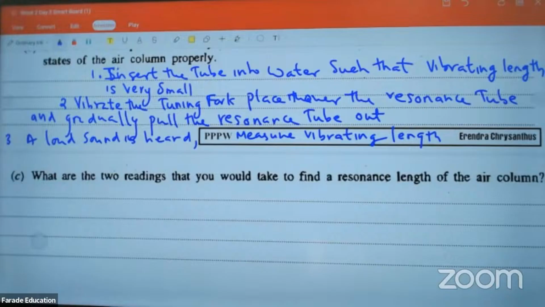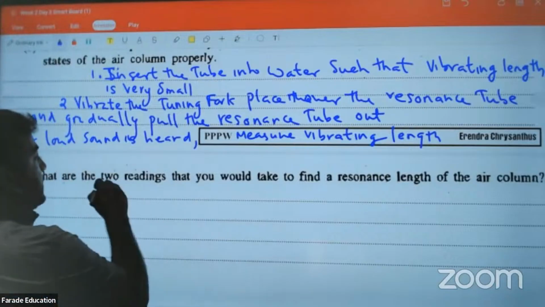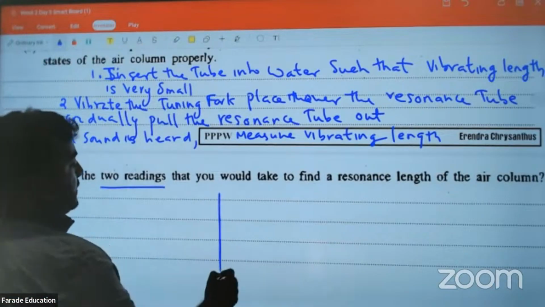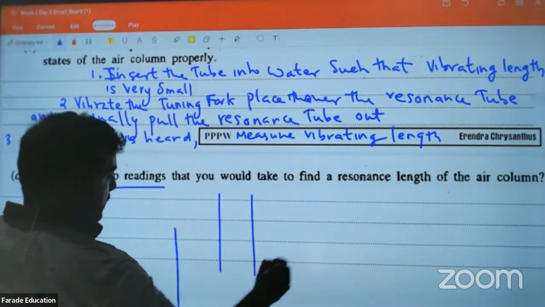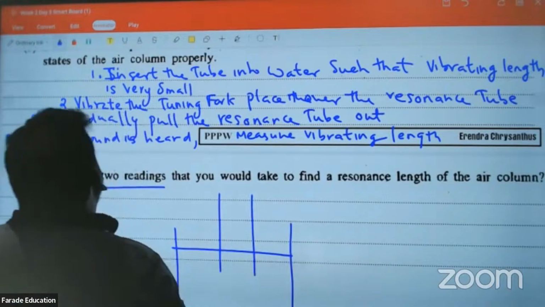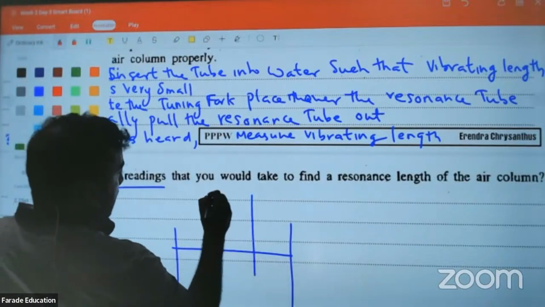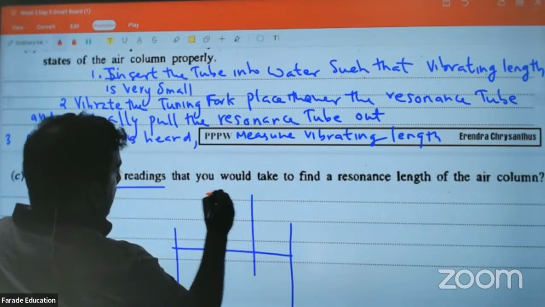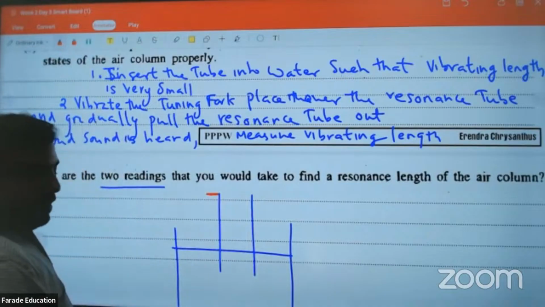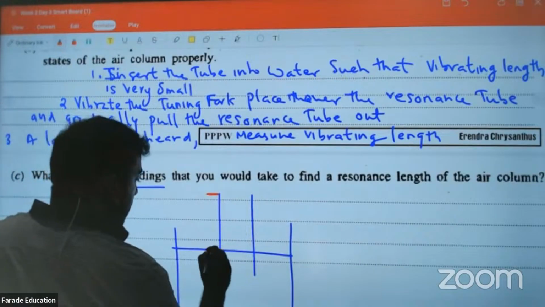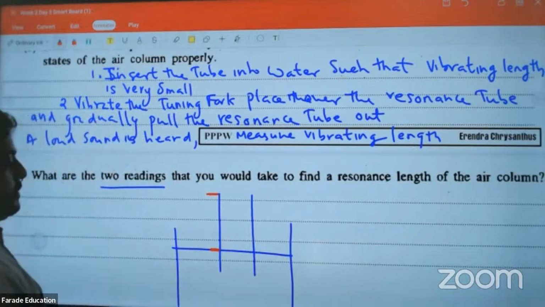What are the two readings that you would obtain when finding the resonance length? One is the reading at the top of the mouth of the resonance tube, and the other is the reading at the liquid level.